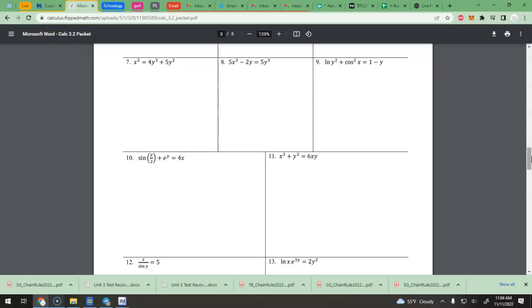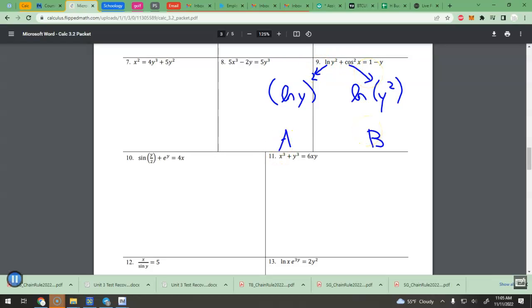So, a couple issues here. Let's start with, is that A or B? When they say ln of y squared, are you supposed to square the whole ln of y? That's B, right?